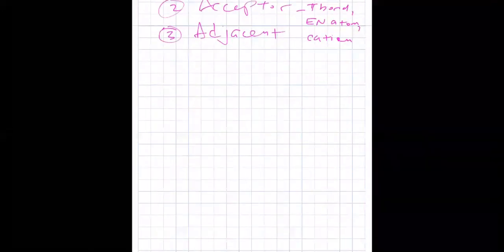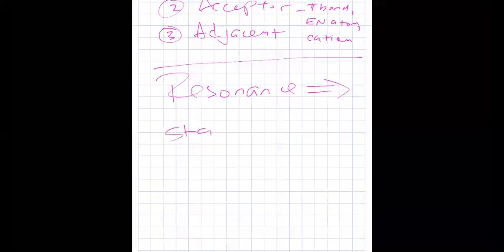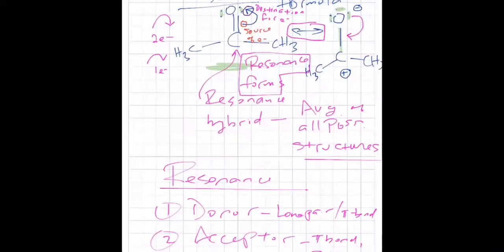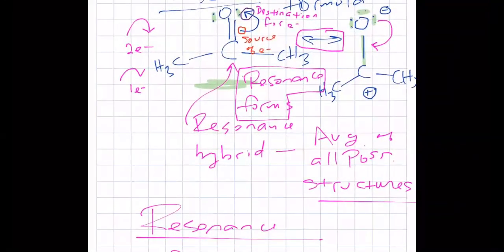One of the things about resonance, the reason why it happens, is that it increases stability. So resonance gives stability. Let me point that out up here. Do you see how this structure on the right has a negative charge on oxygen and a positive charge on carbon?